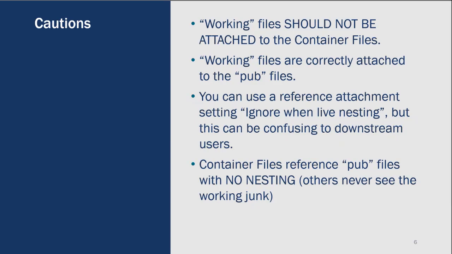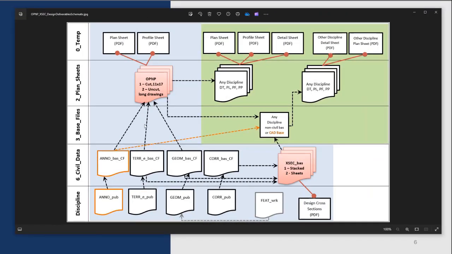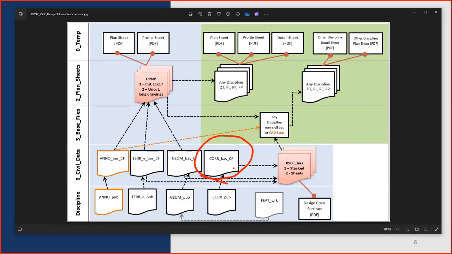What happens is the other people, they will look at this container file in ProjectWise and they'll say, oh, I see in ProjectWise that it's got all of these connections. But then they open the file up and they cannot see a file that's attached with ignore when live nesting.